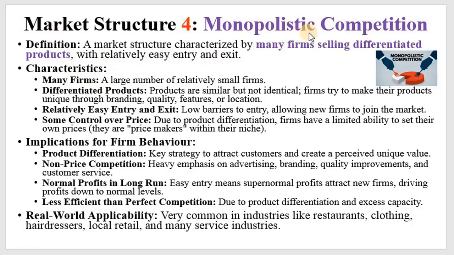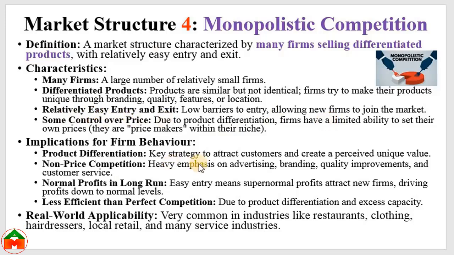That means in the monopolistic market, there will be many firms, but the product will be differentiated. As a result, there will be some control over the price since they are selling different kinds of product. That's why they have control over the pricing of their unique product. And in monopolistic competition, there will be relatively easy entry and exit for the firms.